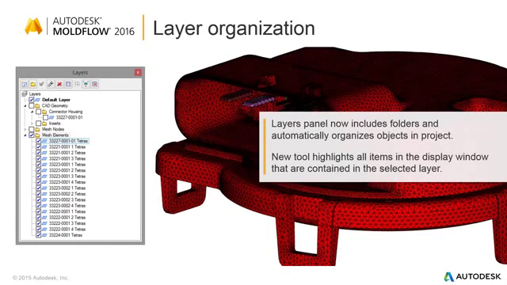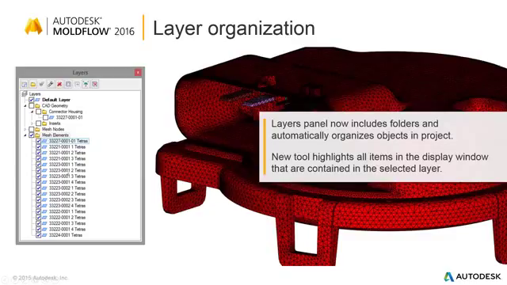Another piece to this is a new tool that we developed over here, and it looks like a flashlight. If you select the flashlight and go over the layers, it will show in blue which pieces of the mesh are associated with this layer.